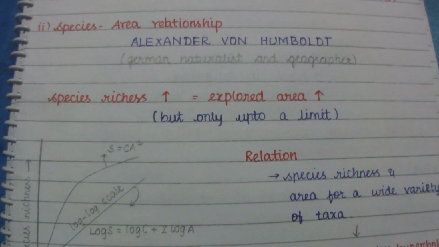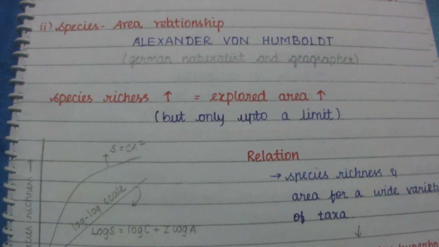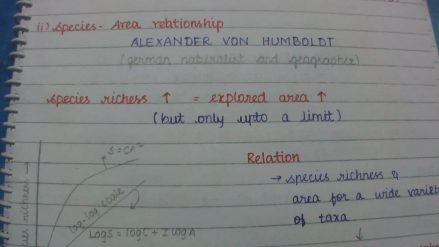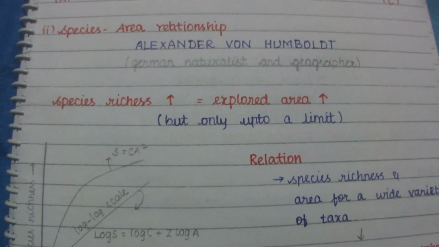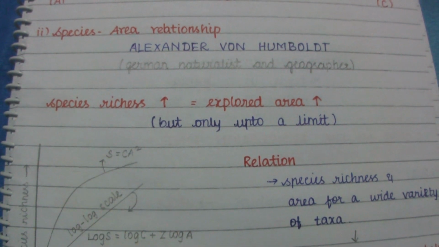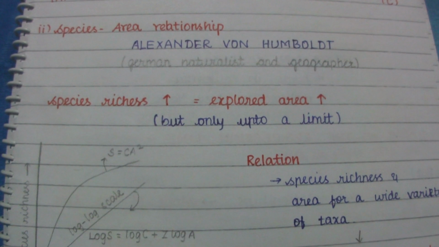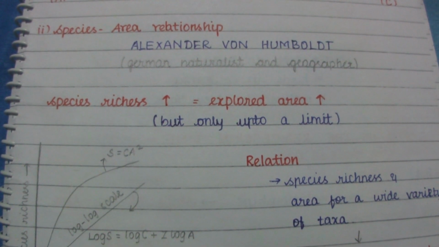When the area increases, the species richness in that area also increases. But at the same time, he also said that this rising pattern of species richness depending upon the explored area is only up to a particular limit.